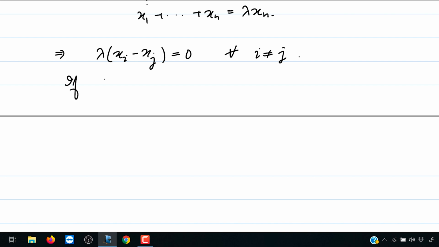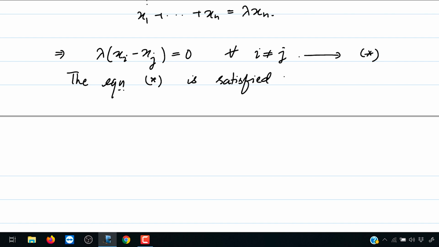If lambda is equal to 0, then this equation is satisfied, right? So let me write it like that: the equation star is satisfied for lambda equal to 0.